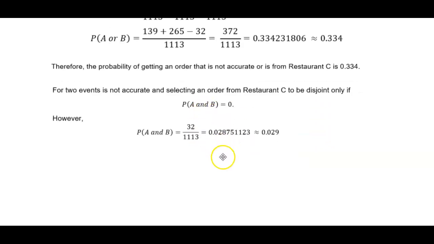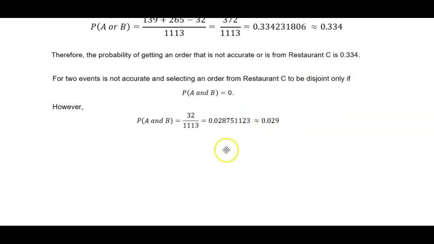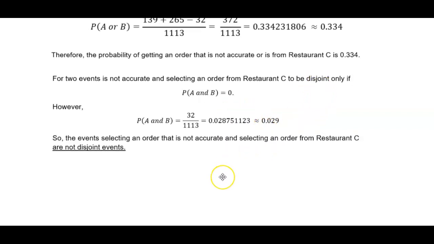Well, we found that the probability of A and B was equal to 32 over 1,113, which gives us an approximate probability of 0.029. That doesn't equal 0, and therefore it's not disjoint. So we would say the events of selecting an order that is not accurate and selecting an order from restaurant C are not disjoint events.